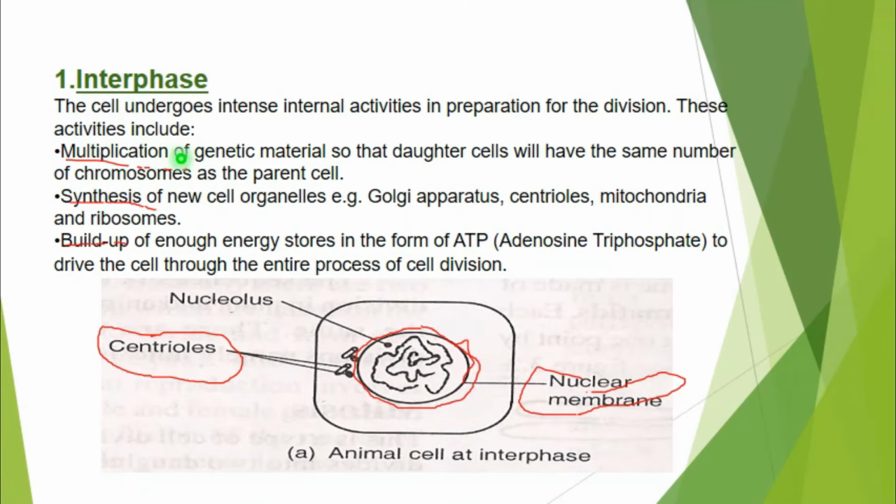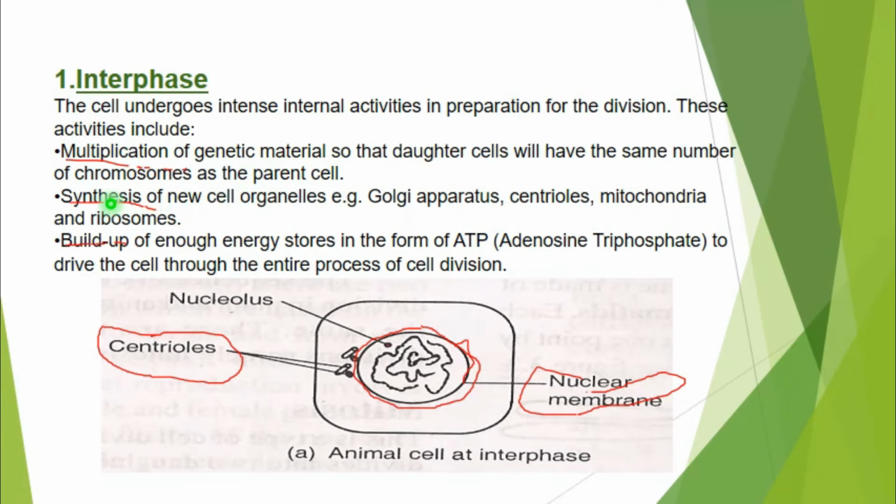It means addition of genetic materials. Why is it so? So that the daughter cells will have the same number of chromosomes as the parent cell. Remember we said that mitosis involves the division of a cell into two daughter cells, so that each daughter cell should have the same number of chromosomes as the parent cell. So interphase involves multiplication of genetic materials.